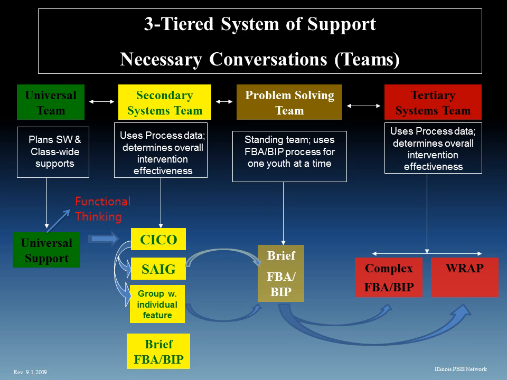Data is really critical for Tier 2 teams to match the function, whether that's direct observations or interviews. It really helps us to figure out when and where there are patterns in behaviors, and then we're able to match the function.